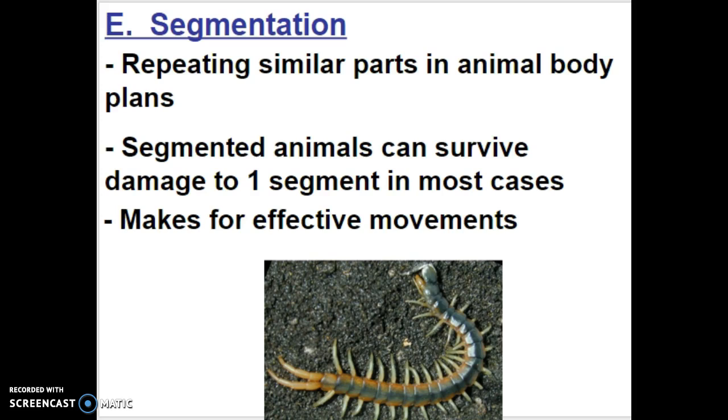So insects and arthropods and the like are segmented. So it's repeating body patterns. It's very easy in the DNA instructions to make a body part and just hit the repeat button. And in some cases, like I mentioned, they can either survive that damage or actually regrow or regenerate new parts.